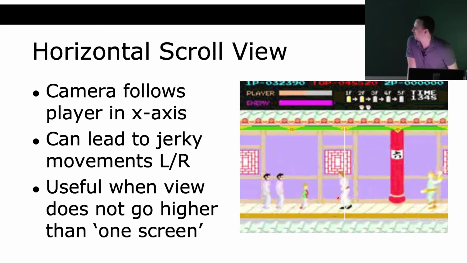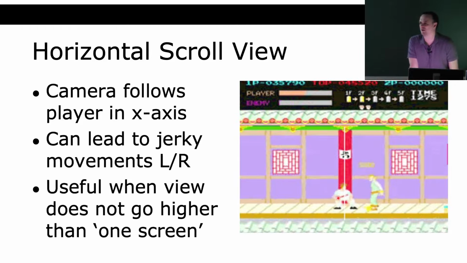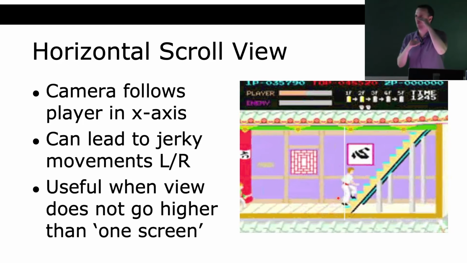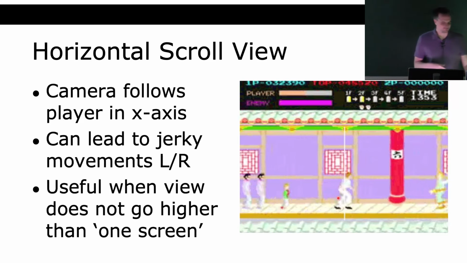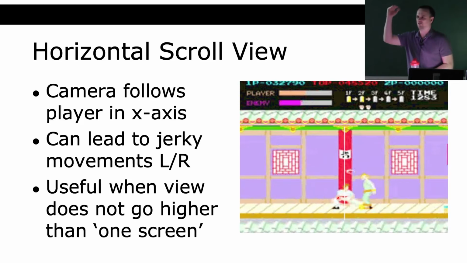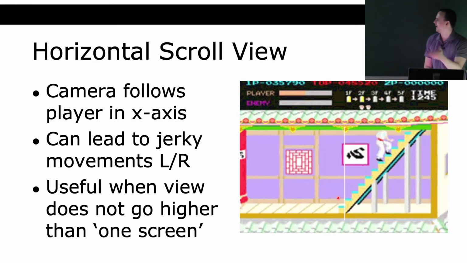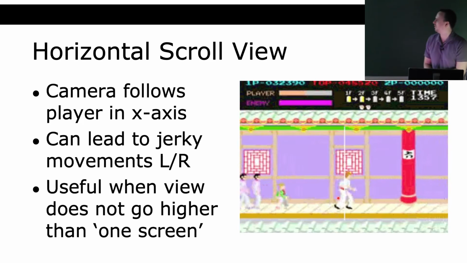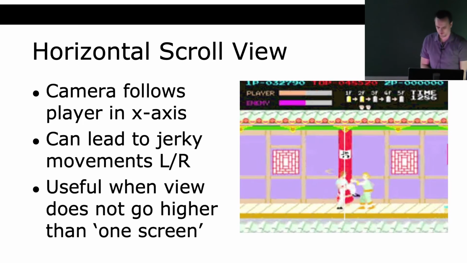It's only really useful when you are locked to a particular horizontal or vertical section of your world. Here, for example, this game has been designed so that you can't see higher than one screen at a time. At the end, you walk upstairs in an autoplay cutscene, and then you're on the next level where you walk left to right.